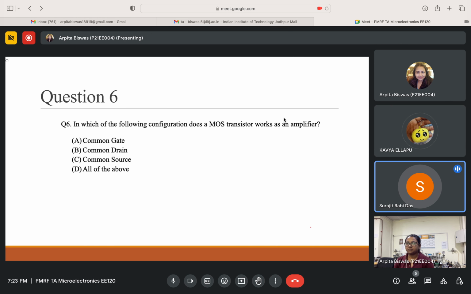Common drain has a voltage gain of unity, so we generally use it as a buffer. Kavya, have you? Ma'am, common source. Yes, common source can act as an amplifier, and what about the common gate?